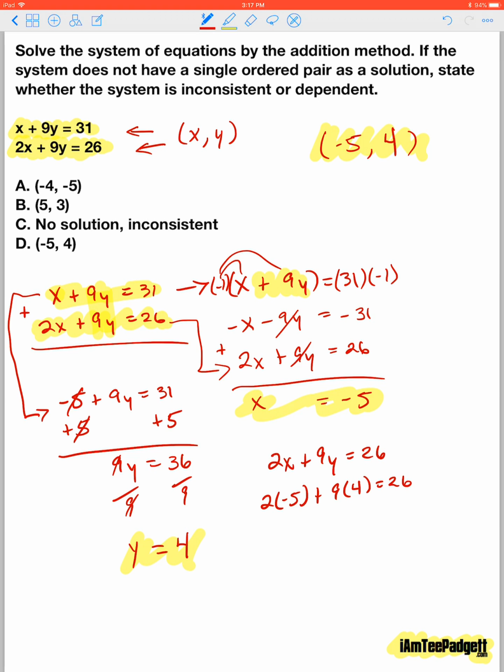We simply work this out. 2 times -5 is -10, plus 9 times 4 is 36, equals 26. -10 plus 36 is 26, so 26 equals 26. So we have verified that yes, -5 and 4 satisfy this equation. So the answer for the system of equations is D, -5 and 4.